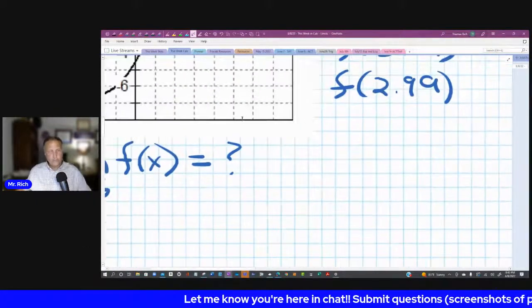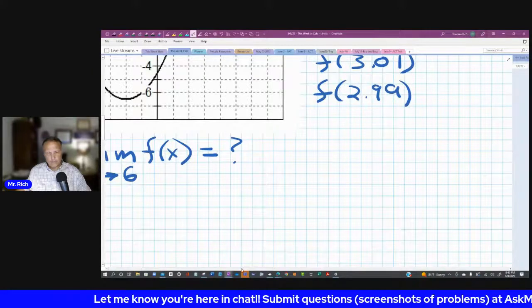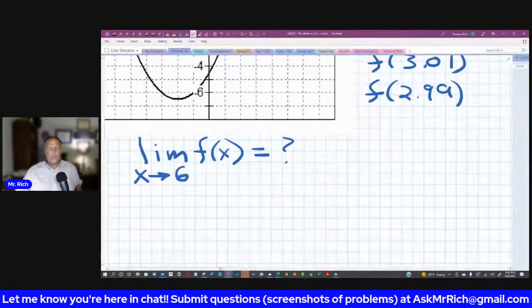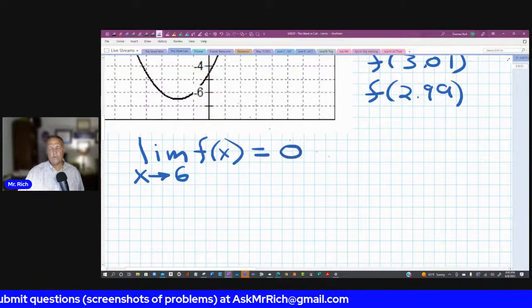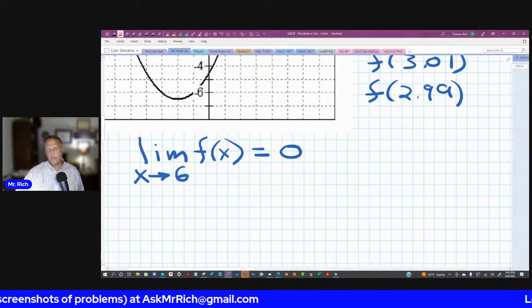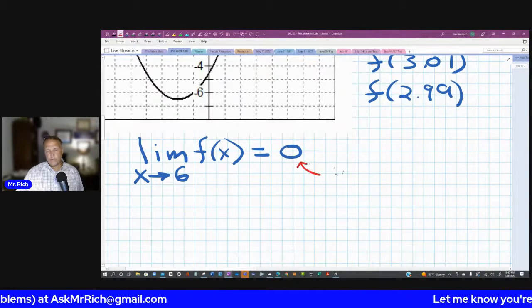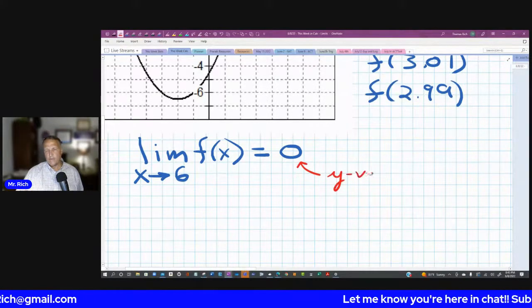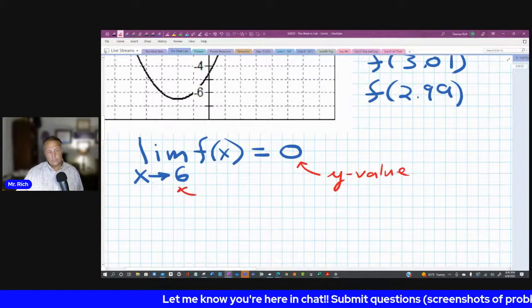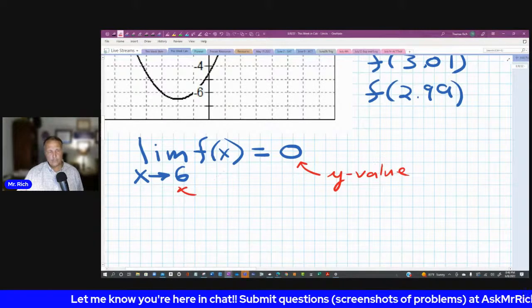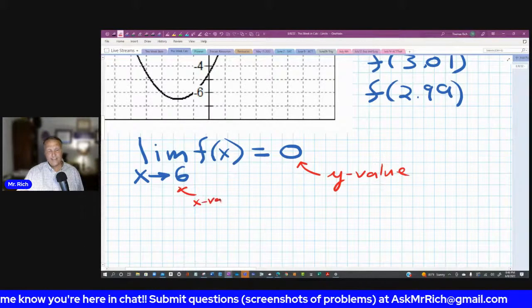The answer to this question, the limit as x approaches 6 of the function f of x, is 0. So you should notice something here that's very similar to function notation: this is a y value. And since there's explicitly an x and an arrow, that is my x value.